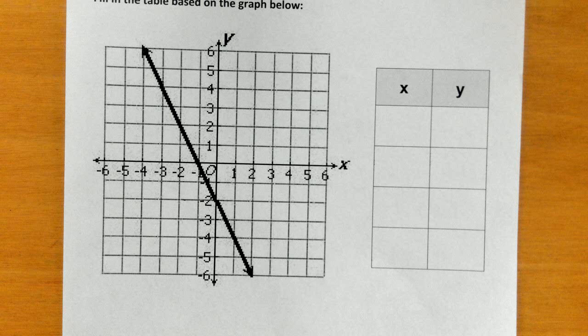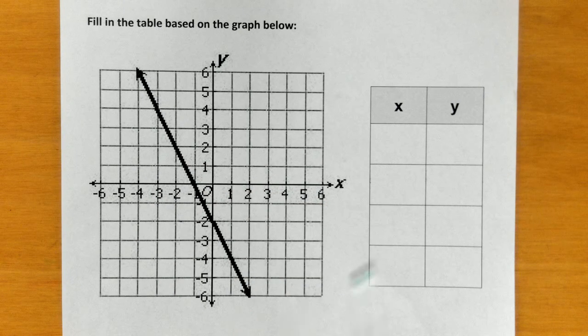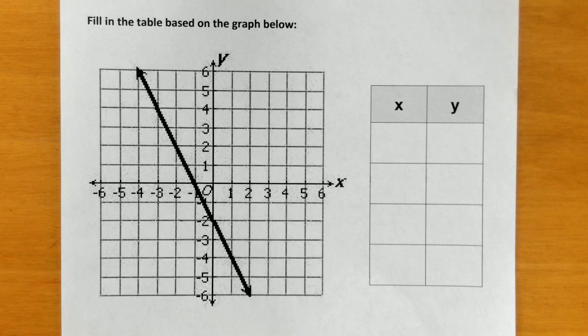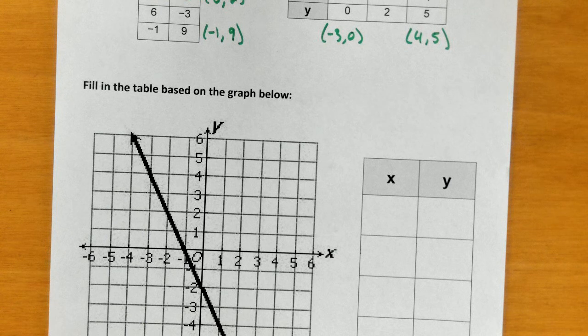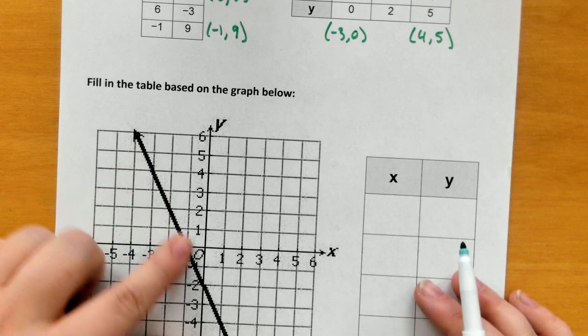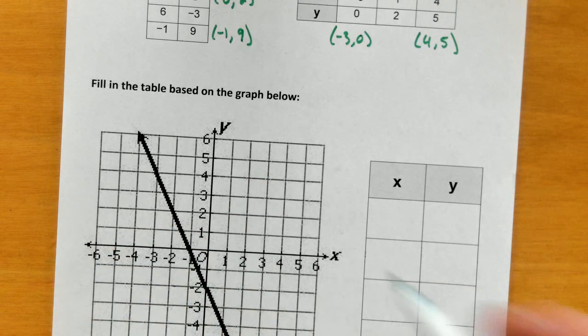So what we're going to do with this graph is the points are already plotted. What we're going to do is fill in a table. So looking at this line, we're going to try and find some really nice, some really clean coordinate points. What I mean by that is we want to look for points on this line that hit these grid lines right in the middle.